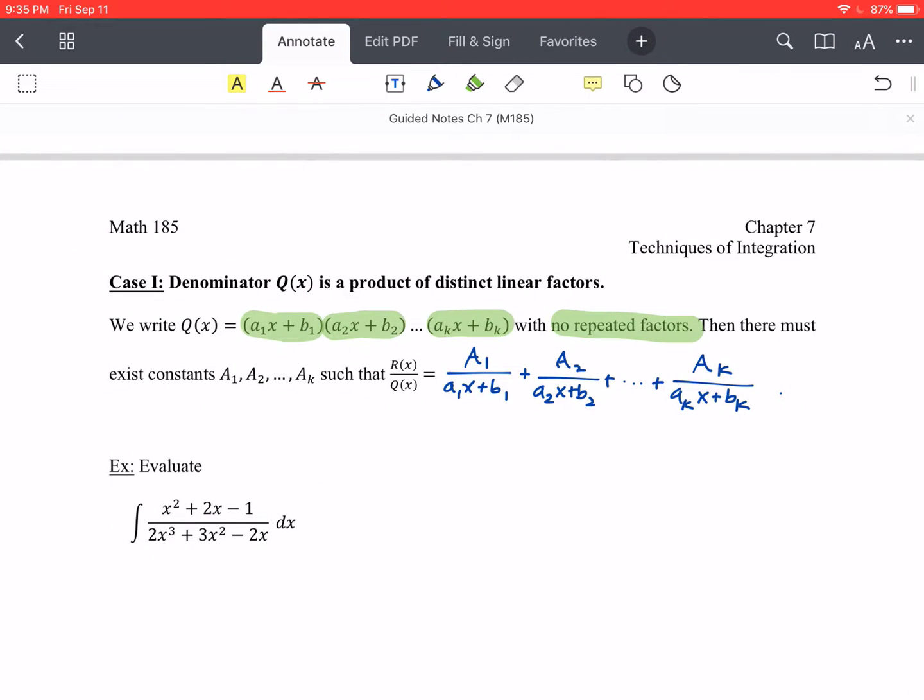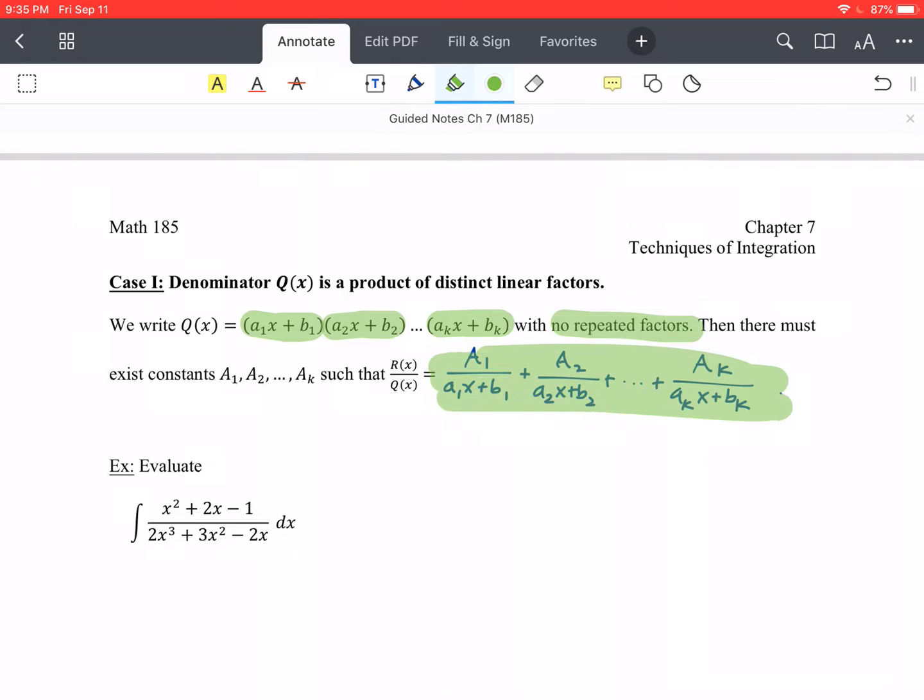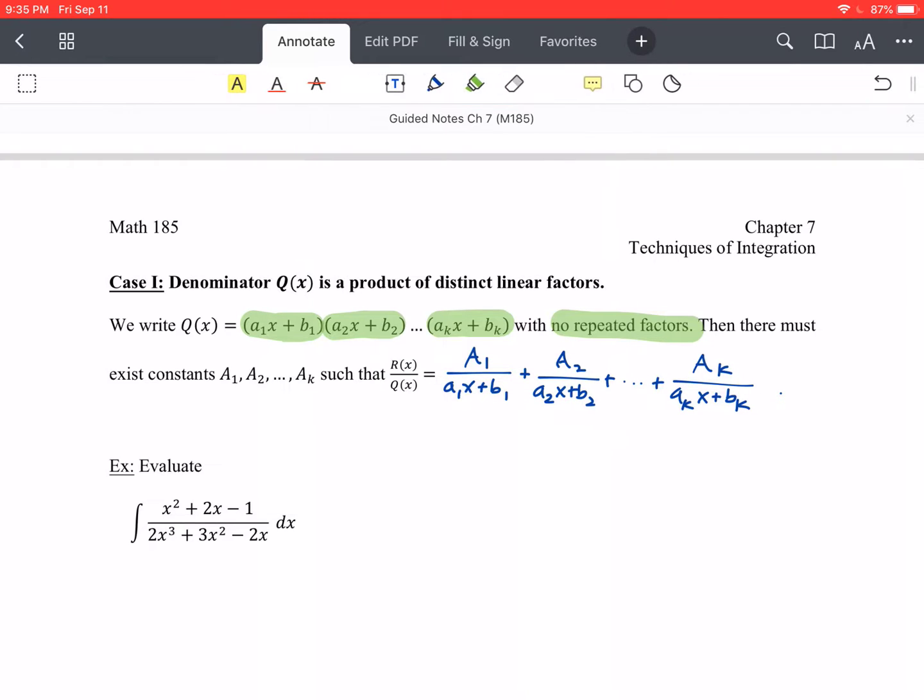So if we are able to factor that denominator into non-repeating linear factors, then you can split it up in this form. Basically we get a new fraction for each linear factor. Then our job will be to find out what these constants are, and once we have those, this is going to be easier to integrate than the original was. So that's our goal here: get it into a simplified form so that we can integrate it more easily.